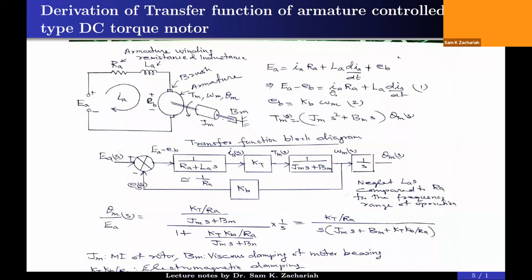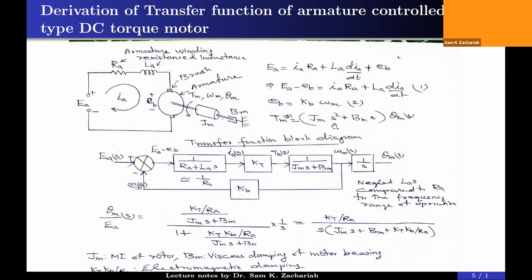If you take the Laplace transform of this, EA minus EB of s is equal to RA plus LA s into IA of s. IA of s means the Laplace transform of current. So you get the relation between IA of s and EA minus EB as 1 by RA plus LA s. Then IA of s multiplied by KT will give Tm of s, the motor torque. Already we derived that Tm is equal to KT into IA.